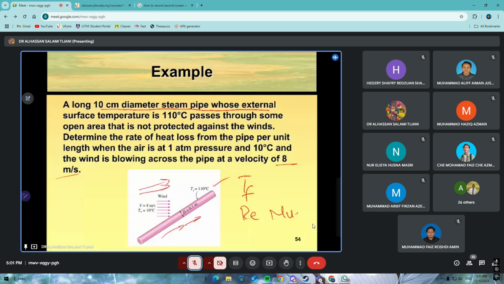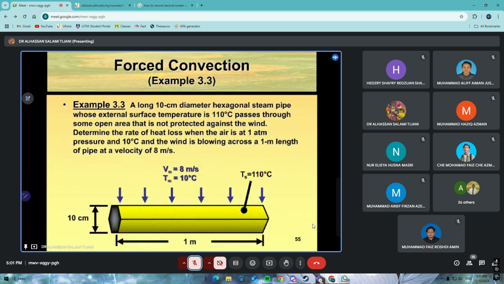Okay, so I'm going to solve this question later on. Now, let us look at this question. We are told that a long 10 centimeters diameter hexagonal steam pipe whose external surface temperature is 110 passes through some open area that is not protected against the wind.